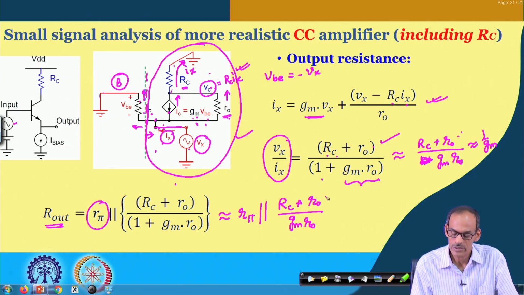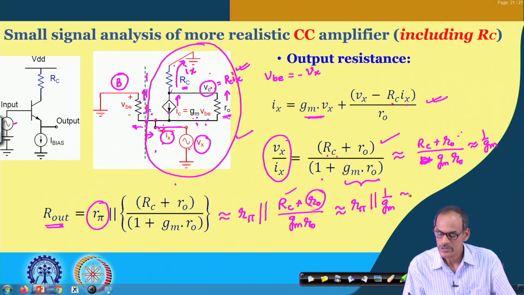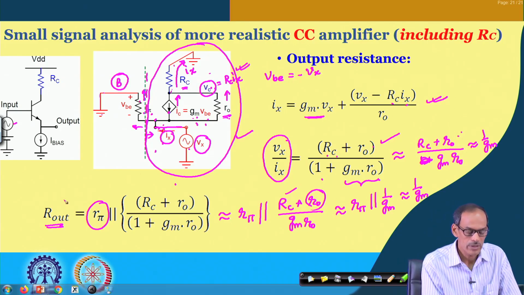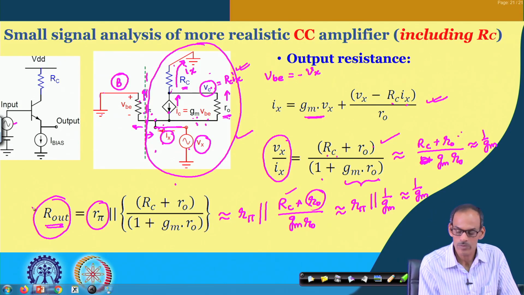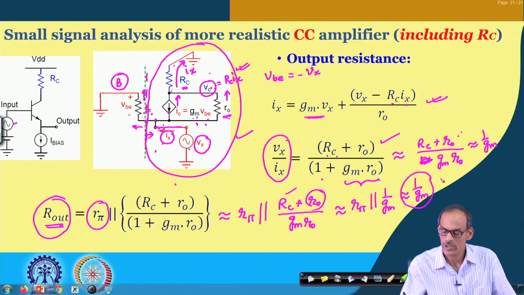And if this is dominating over this R c, then you may approximate this by R pi in parallel with 1 by G m, and 1 by G m is dominating over R pi. So, the conclusion is that this output resistance is in the order of 1 by g m, which is, quote and unquote, low.